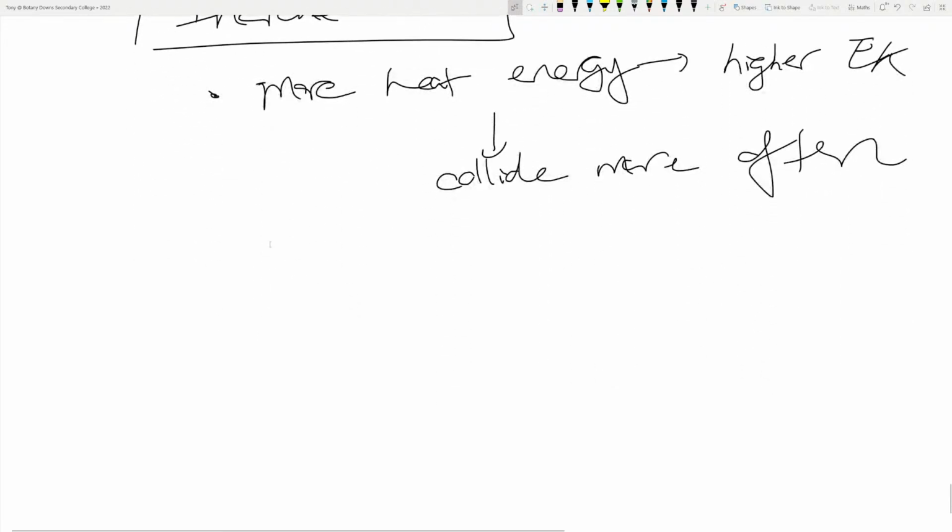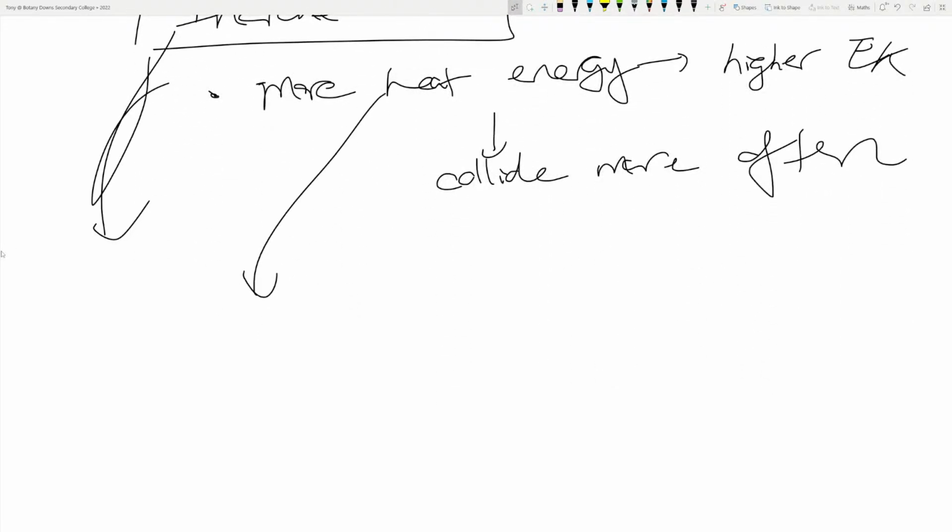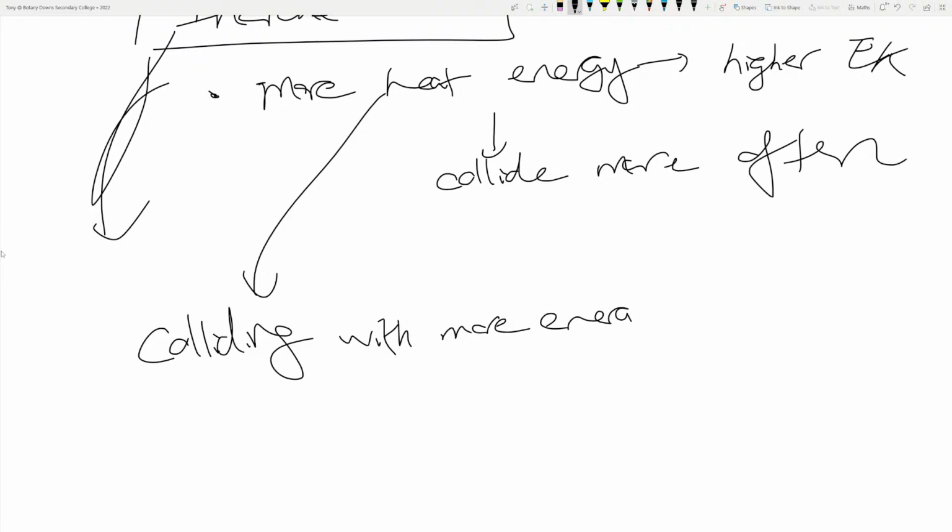The other thing is because there's more heat energy, that means there is now a higher chance. You know how they must collide with a sufficient amount of energy? Because there's more energy, they are colliding with more energy.